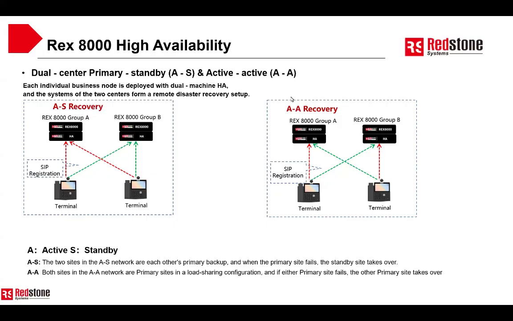It means the users in center A register to A and users in center B register to B. If center A goes down, its users will register to center B, and B will take over all the user services from A. Likewise, if B fails, A takes over. They serve as mutual backups.